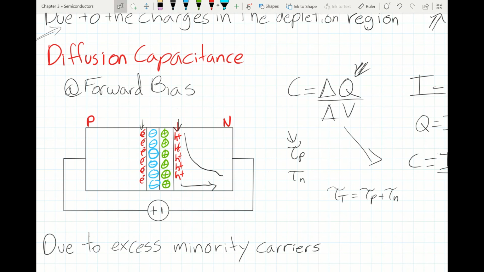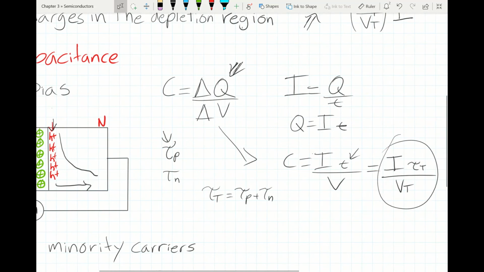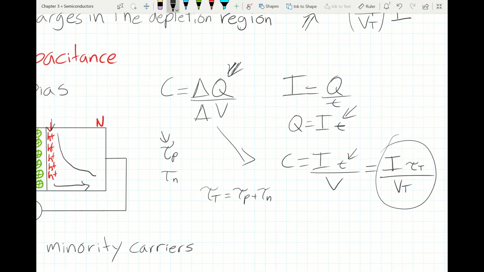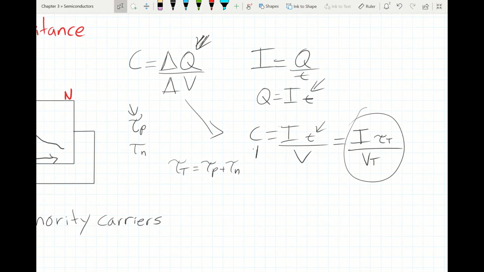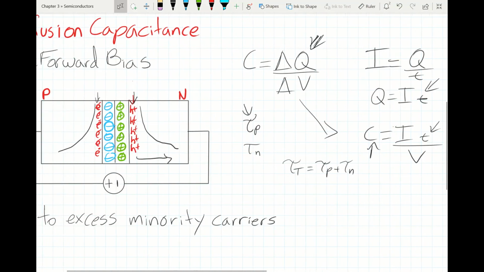So the concentration exponentially decreases as they move there. They decrease at a rate of current times time. So that creates a change in charge. That change in charge over voltage is what ends up being our capacitance right here.